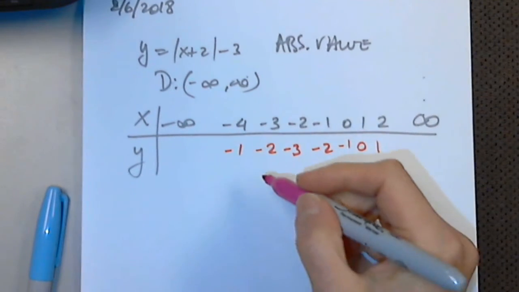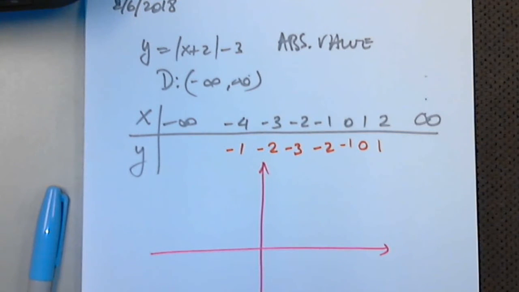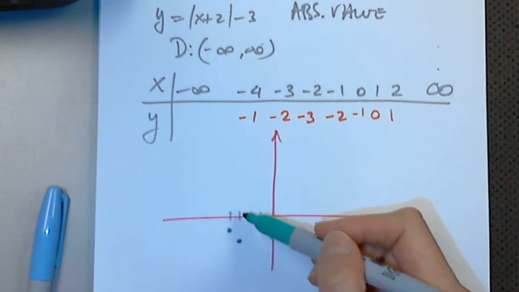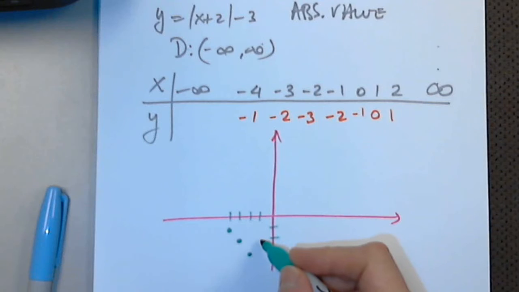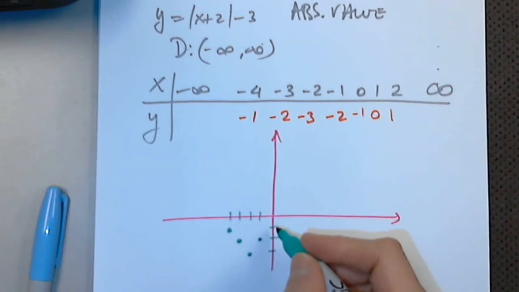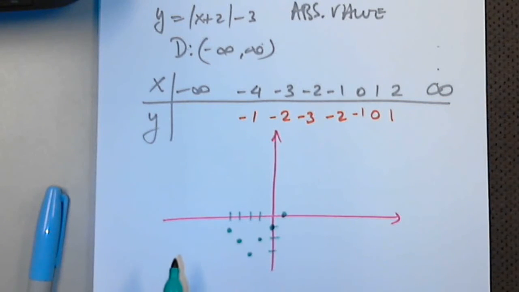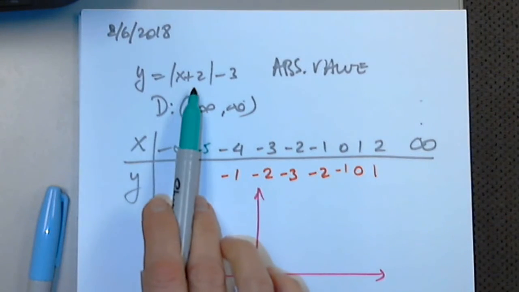Good, so then I will graph the points. I'm also asked to find the x and y intercept, so I'm going to plug in also -5, and let's see what happens. -5 plus 2 is -3.